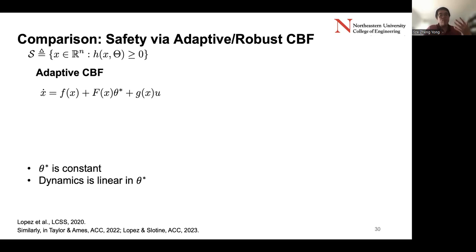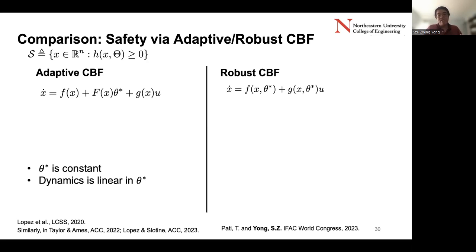Just to compare with what is being done out there with CBFs, some people in the audience might have heard that people have designed adaptive CBFs as well. In the adaptive CBF literature, people consider systems where the dynamics is linear in the uncertain parameter, and it's also assumed that the uncertain parameter is constant.